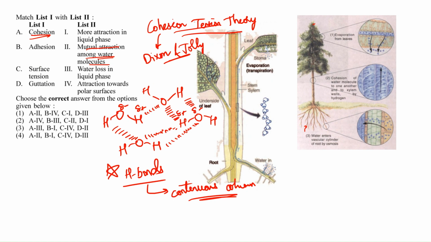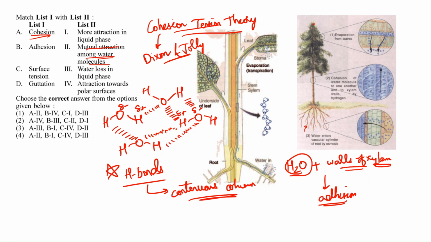Now, what is adhesion? As the water molecules are moving, there is attraction between the water molecules and the walls of the xylem vessels, xylem tracheids, whatever cells. That is called adhesion.